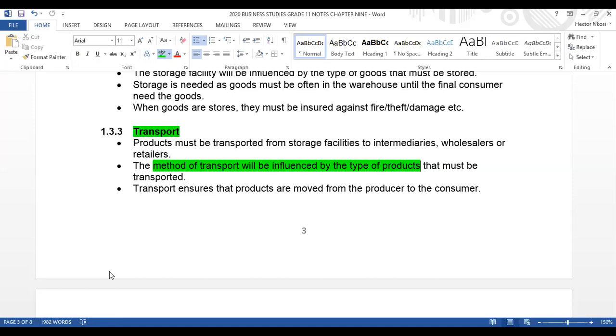Some goods need a big van, some goods need a ship, your boat and so on, so that you can transport those goods. Transport ensures that products are moved from producer to consumer.